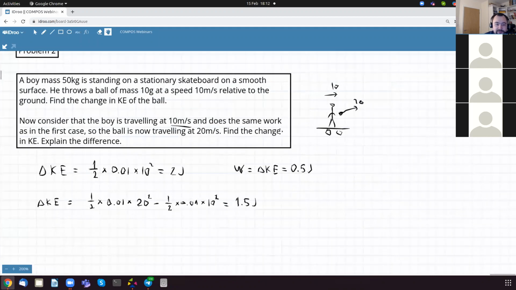So if the kinetic energy of the ball is 0.5 joules, so the change in the kinetic energy of the ball is 0.5 joules, when stationary.